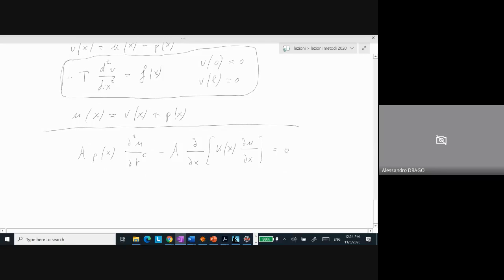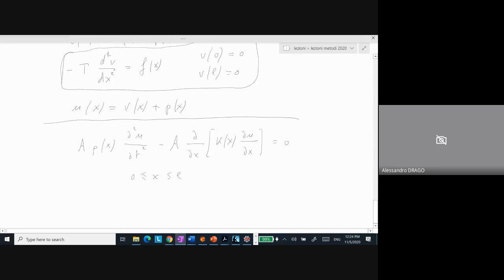We are going to solve a problem as usual between 0 and L, and let's impose some boundary conditions in the form u of 0 at all times t. So Dirichlet boundary conditions, and actually homogeneous boundary conditions, and u of L and t equal to 0.